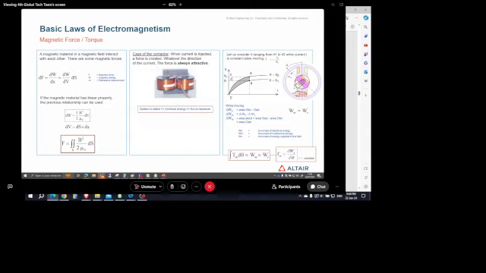And then here, where we have the maximum flux actually, we minimize the energy. So if we minimize the energy, it means that we tend to eliminate the air gap actually.